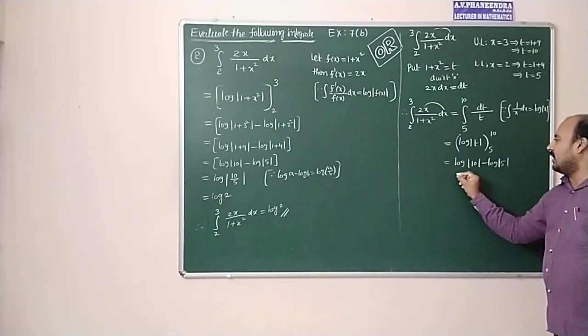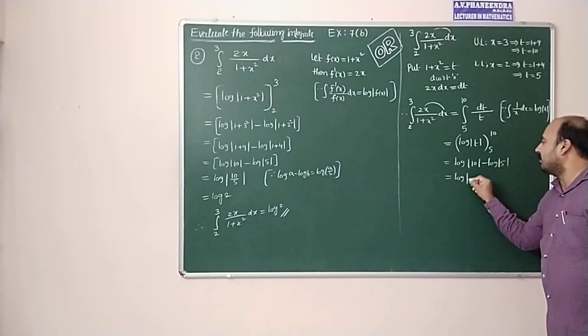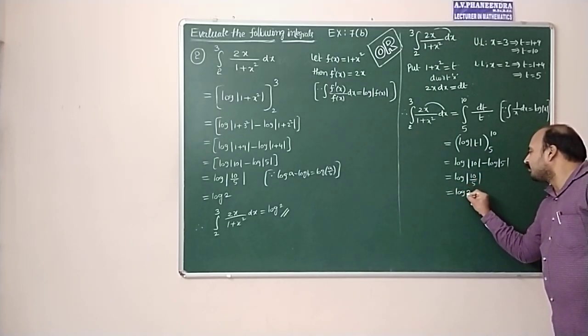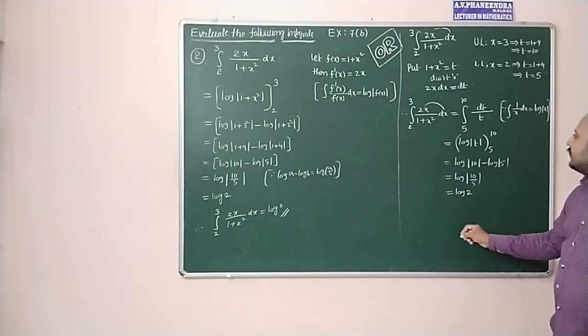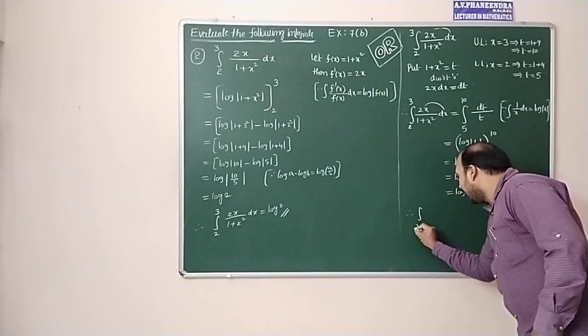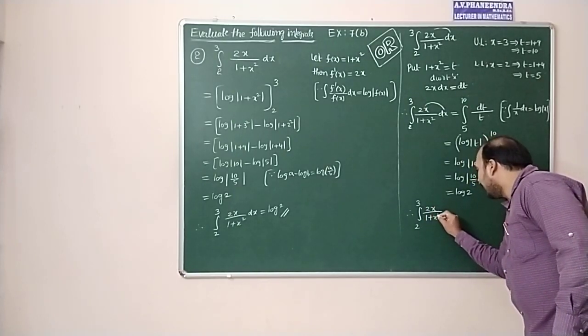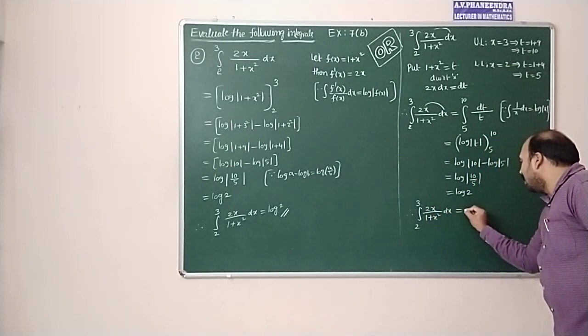Log a minus log b is log a by b, so log mod 10 by 5, which is equal to log 2. Anyway, we are getting the same answer. Therefore, conclusion step: the integral from 2 to 3 of 2x by 1 plus x square dx is equal to log 2.